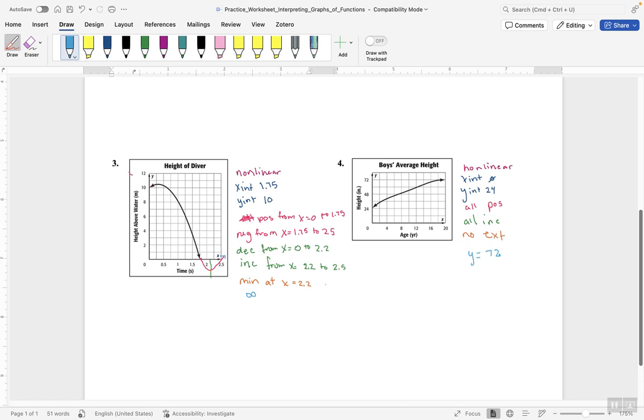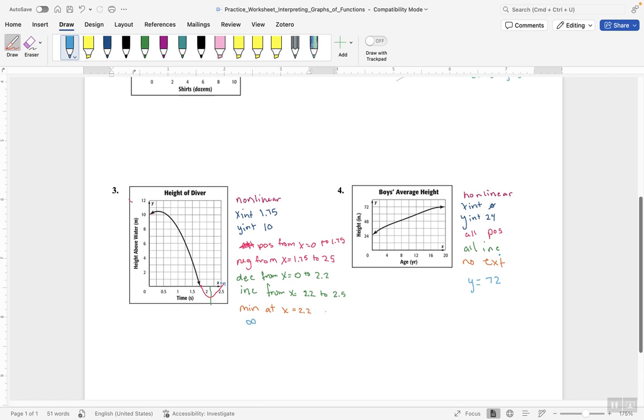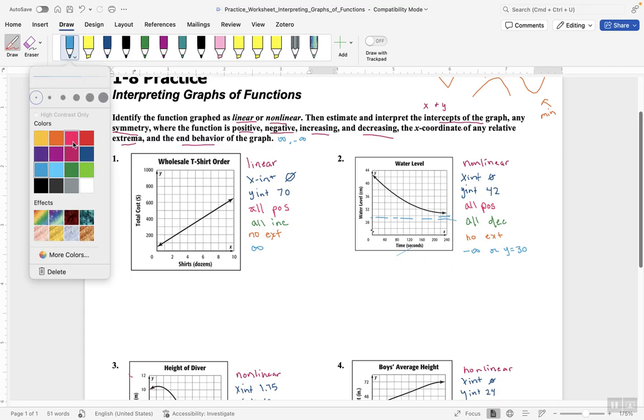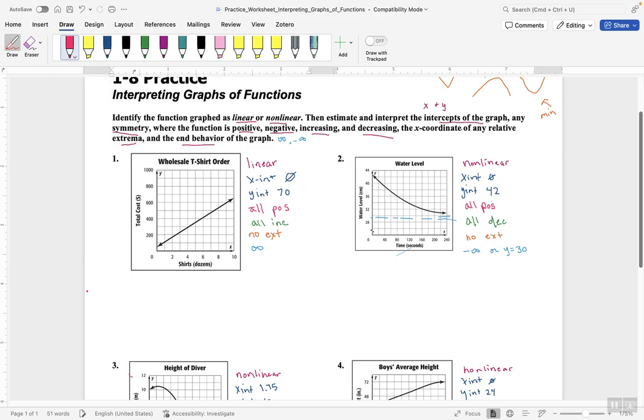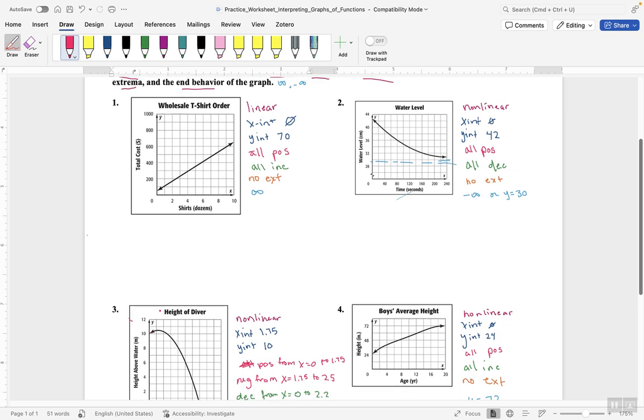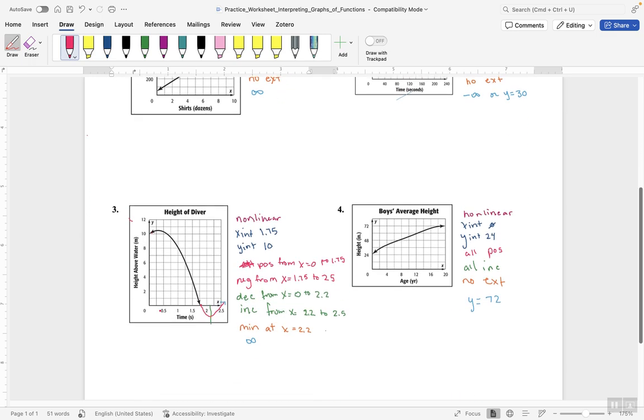So that is kind of a lot of information. Oh, we didn't talk about symmetry. Did I miss that one? I totally missed symmetry. Okay, so symmetry, we need to get that in here. If it's symmetric, none of these really look symmetric.